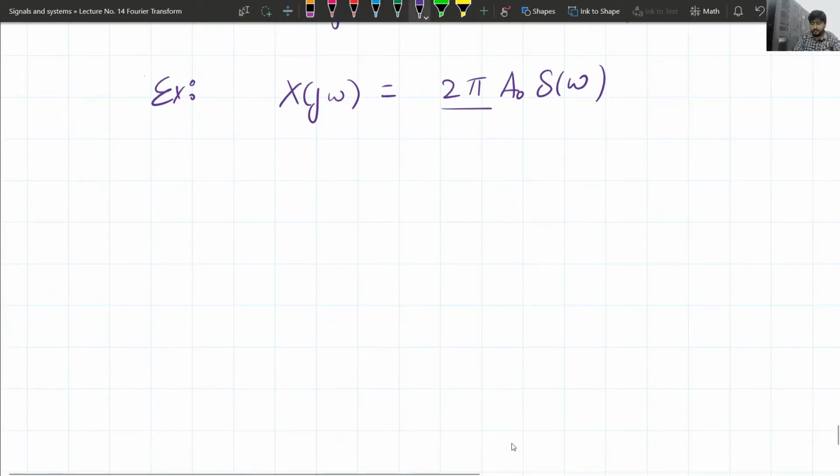Then let's find its inverse Fourier transform.